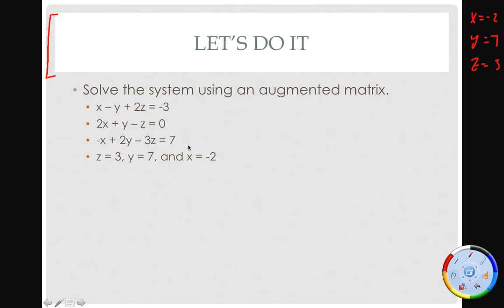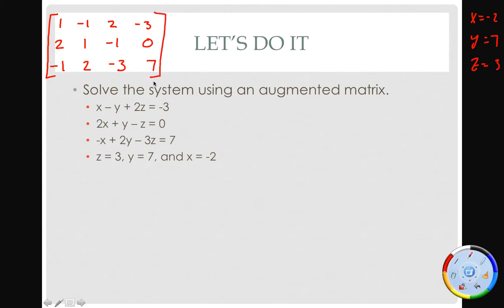What I'm going to do here is I'm just going to look at the coefficients and my equal piece here. So the coefficients for the first equation is 1, -1, 2, and then the -3 is my equal sign. My next equation is 2, 1, -1, 0. And my last equation is -1, 2, -3, 7.